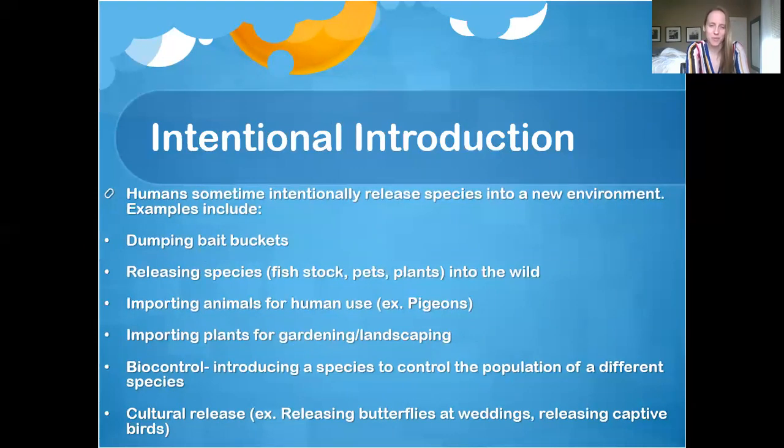Biocontrol, which is an interesting one. Biocontrol is when you introduce a species into an ecosystem to control the population of a different species. And this sometimes can be used to control invasive species.